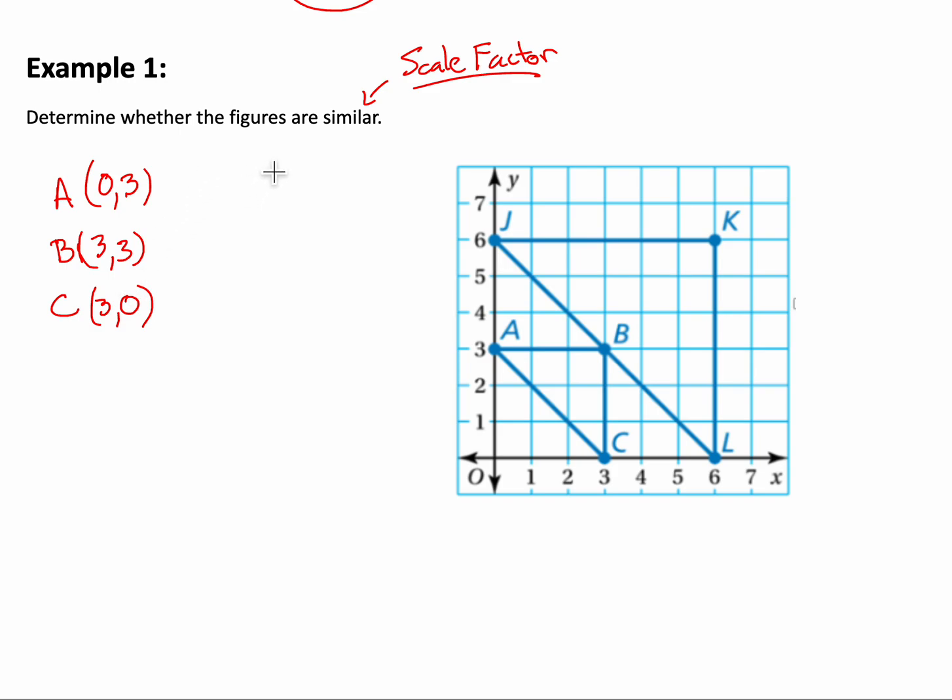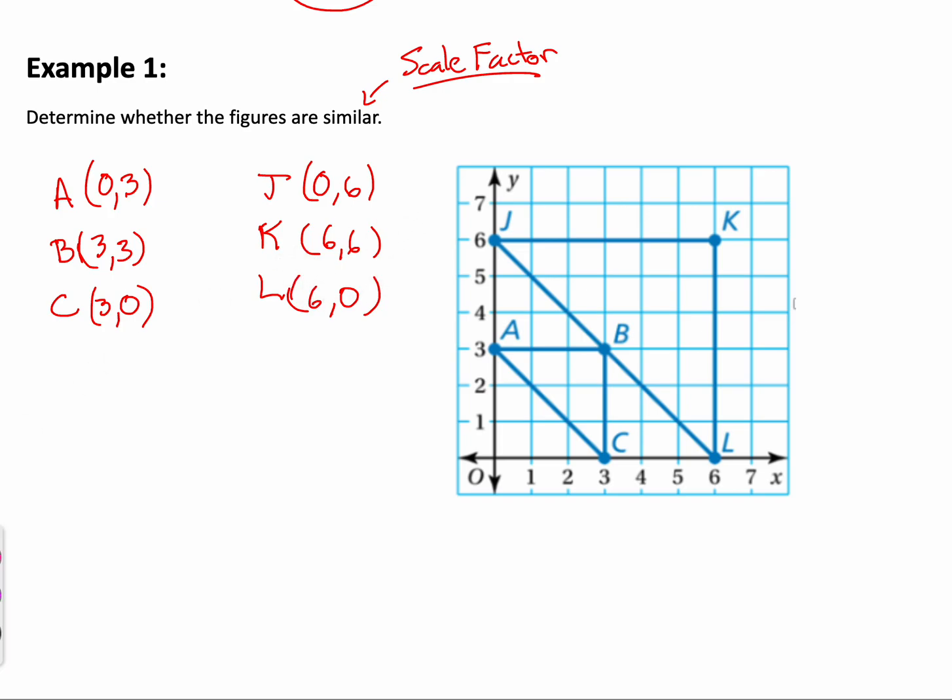Now I'm going to put it in that same order. If A corresponds with J, B corresponds with K, and C corresponds with L, I'll get those coordinate pairs also. So J is 0, 6, K is 6, 6, and L is 6, 0.